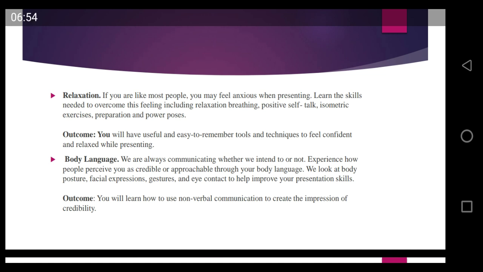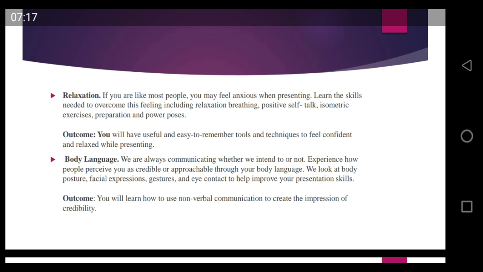Due to that reason, once you have done the particular work, you need to present it in a well-organized, standard way. For that reason, I have some ideas on how we are going to do that. First thing, relaxation. Before going for the presentation, you should be relaxed first. Like most people, you may be anxious when presenting.